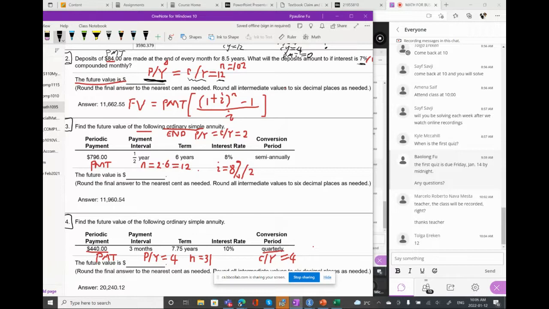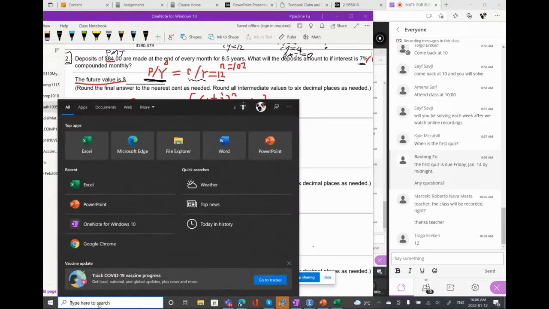Because it is compounded monthly. So CY represents, in a year, how many interest conversions happen. How many? 12. Okay, you are good?